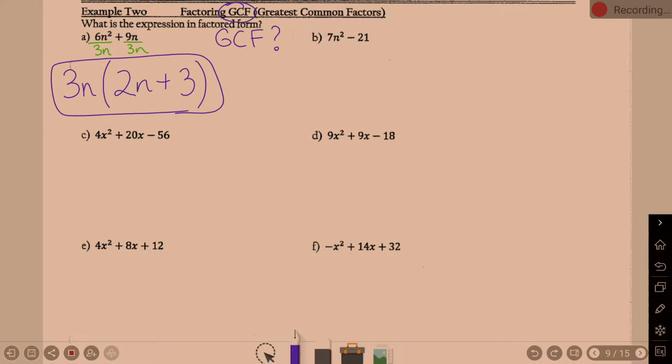So we are just going to have a GCF of 7, which means if you need to write the visual in, I am dividing all terms then by 7. 7n squared divided by 7 is n squared, minus 3. 21 divided by 7 is 3.